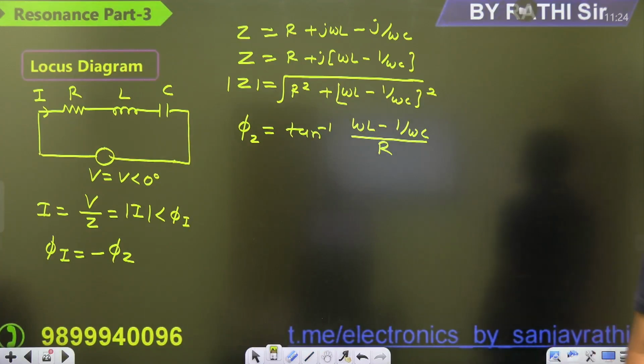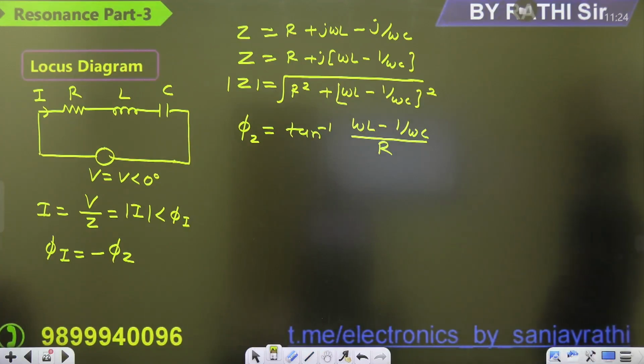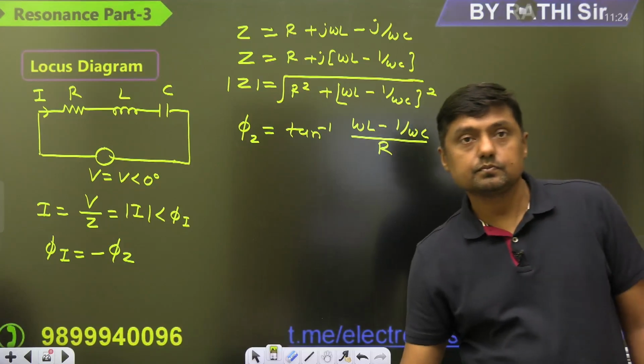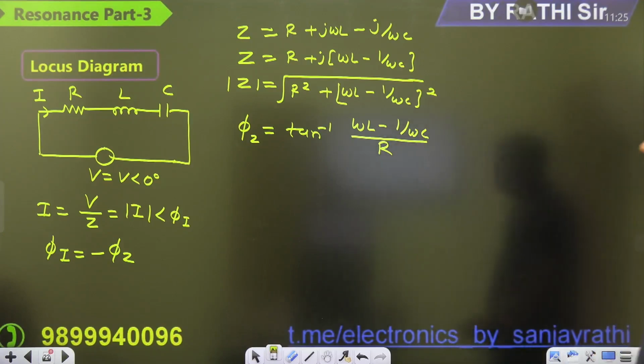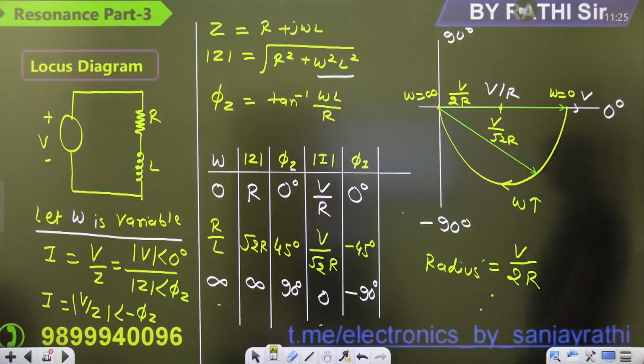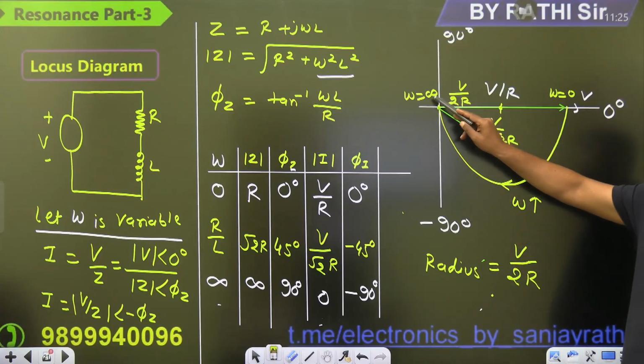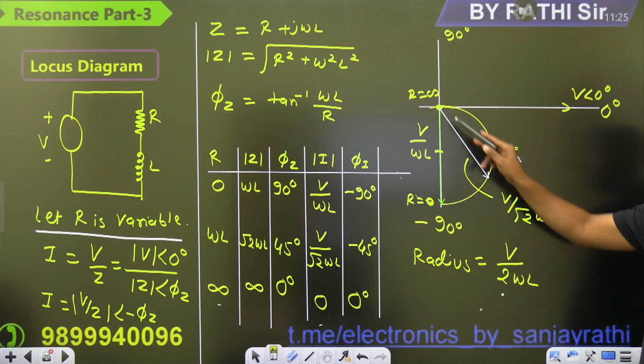Yes, in this case, the current lags the voltage, that is the purely inductive circuit. Last case, purely inductive, it will lag by exactly minus 90 degree. But exactly at omega equal to infinite, it will become 0.